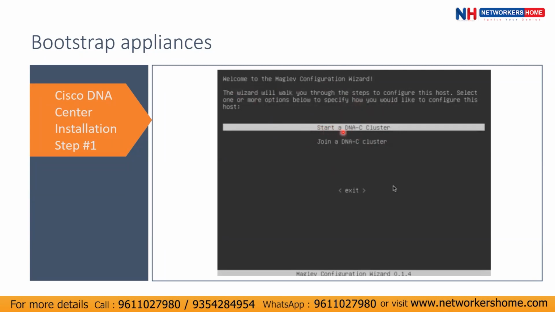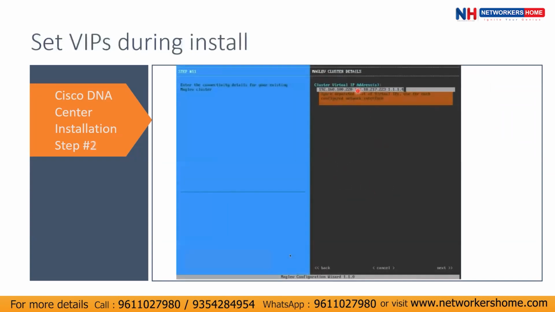So you can go with this, start a DNS Center cluster. And suppose you have already installed the DNS Center, and if a new DNS Center would like to join the cluster with the existing DNS Center, then you can select the second option. You need to give some IP addressing, like the cluster virtual IP address.